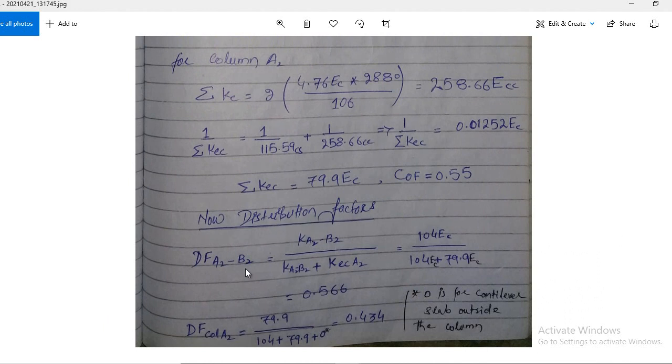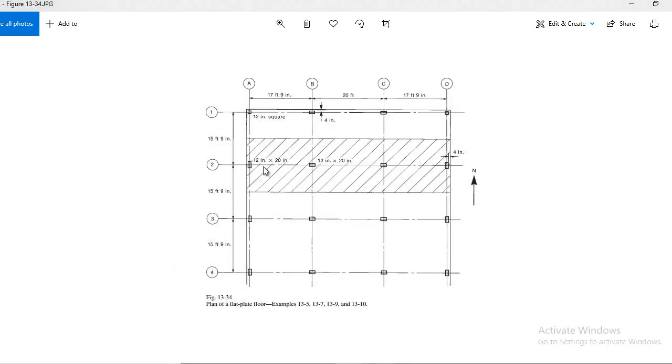This one is important. You have to find the distribution factor for the A2B2 span. How to calculate it? Ksb of A2B2 divided by Ksb of A2B2 plus Kec of A2. If you are going to calculate your moment distribution factor for this point, as here you have a column, clear? That is why you have to pick the Ksb of this AB span divided by the Ksb of this span plus the Kec of this column.